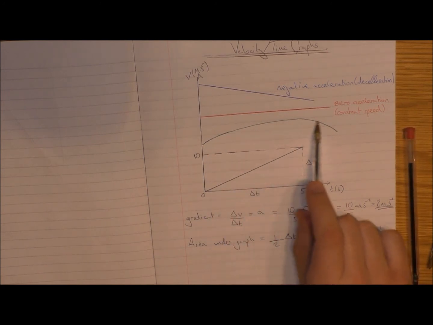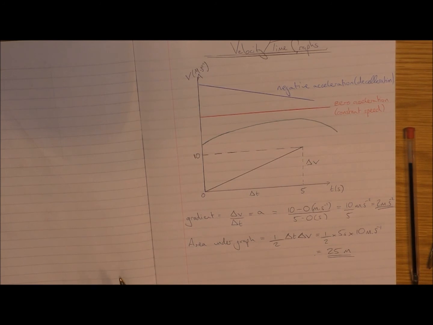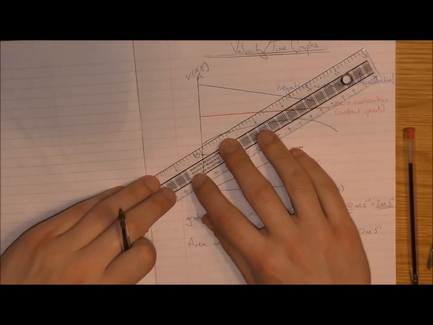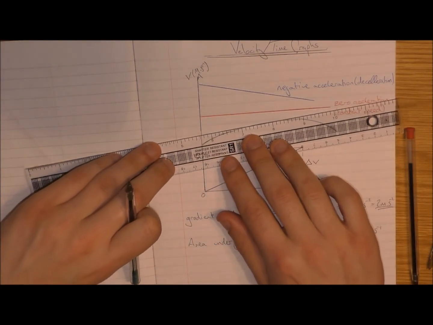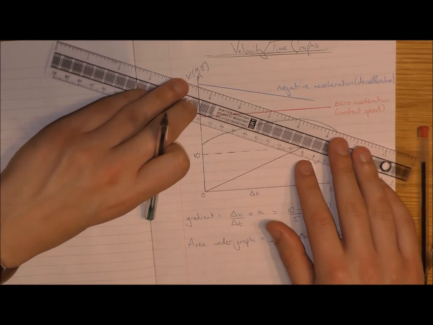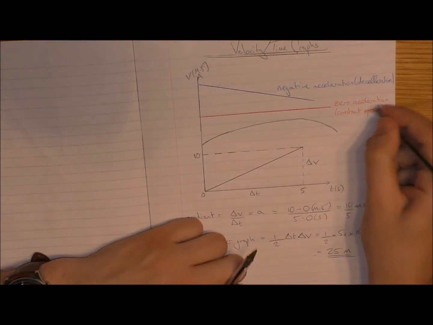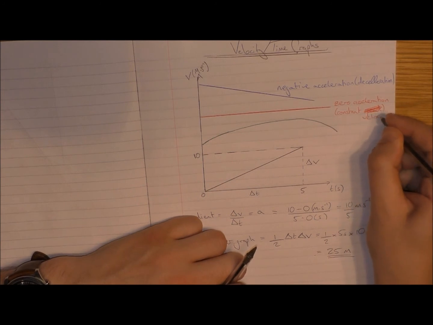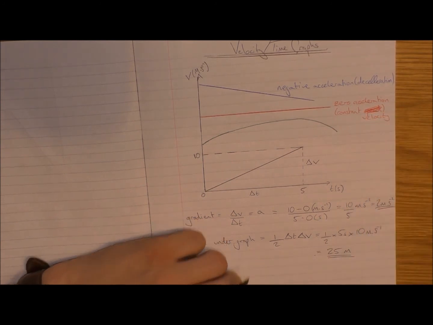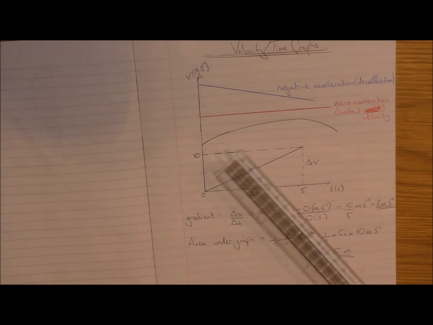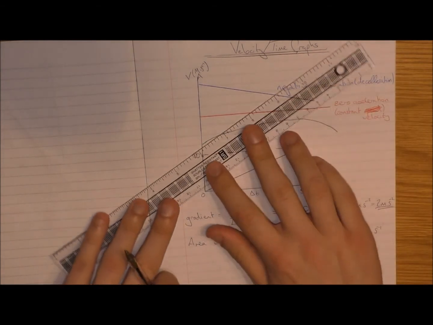The green line gives us a changing gradient. So this means that the velocity is changing all the way along here. It's really bad physics teaching of me that, so we'll put constant velocity just in there. It means that the velocity is changing all the way along, but also the gradient of this graph.